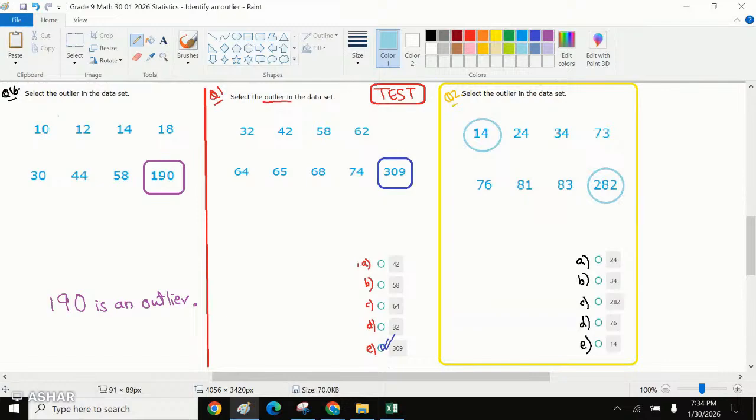There's a big difference. The greater the difference between the numbers, the more chance there is of it being an outlier. That means option C was the outlier. Agreed?